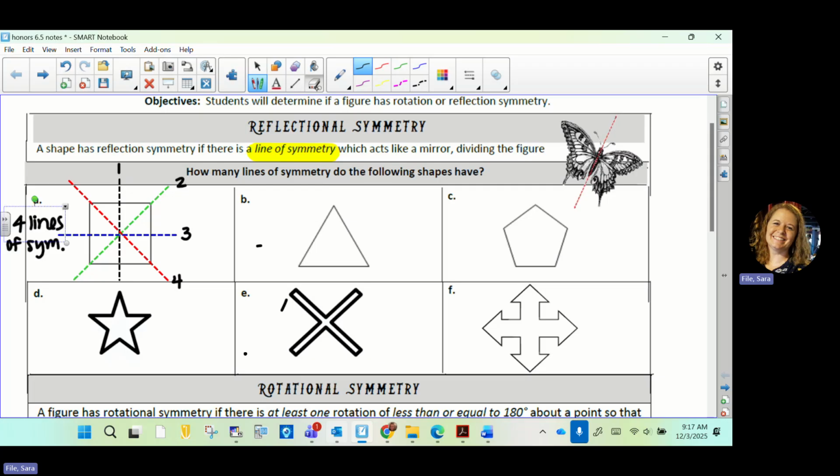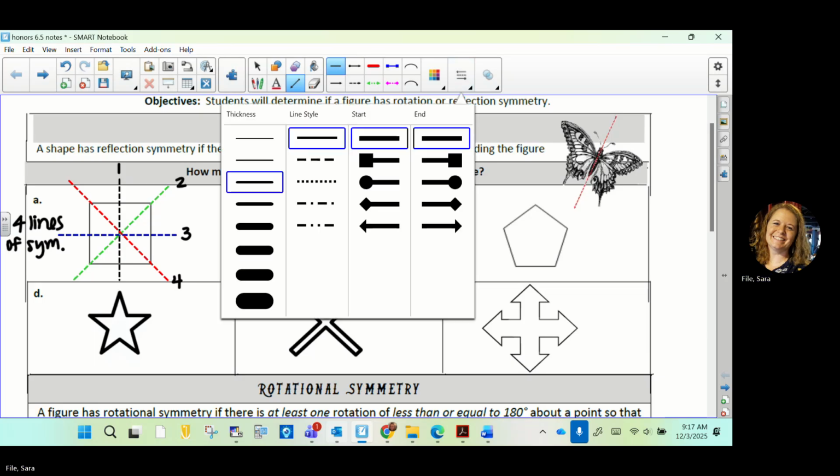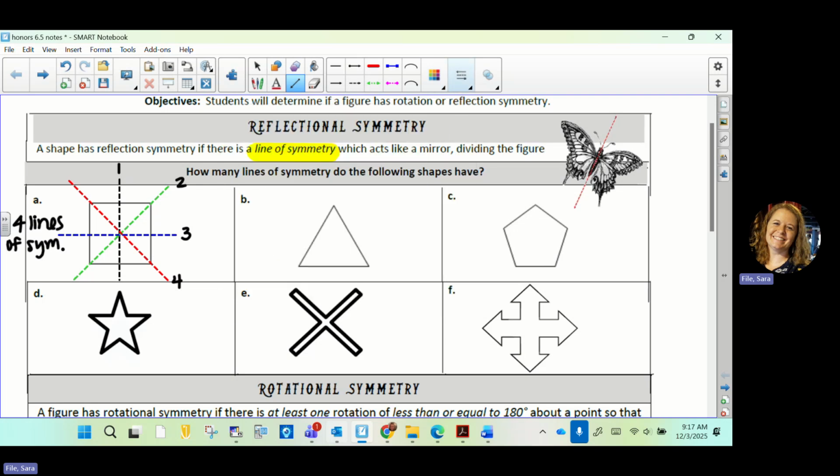What about in B, this triangle? Is there a place where I could draw a line? I heard vertically. So a vertical line right down through that vertex. What type of triangle must that be if that's a line of symmetry? It could be equilateral. It could also be isosceles.